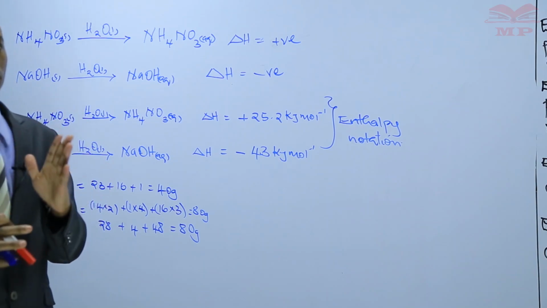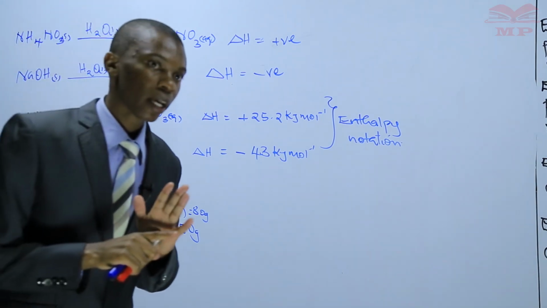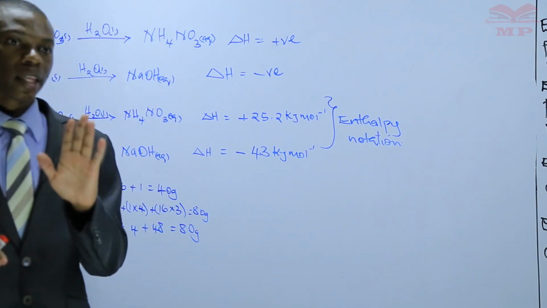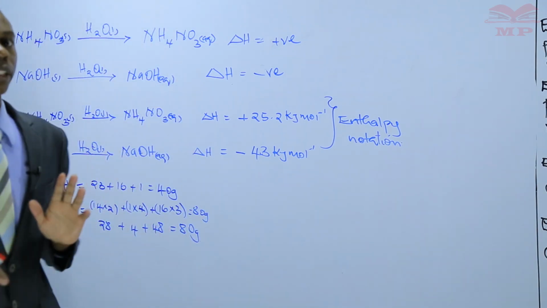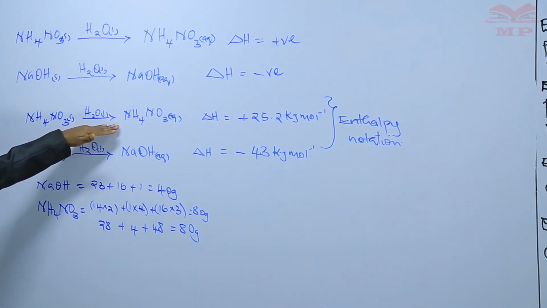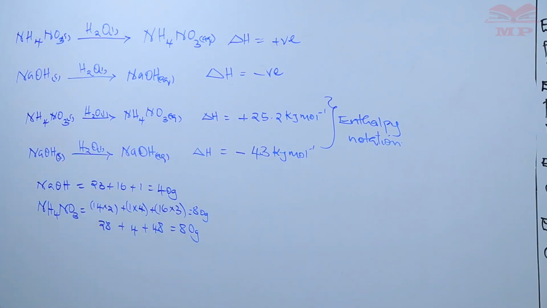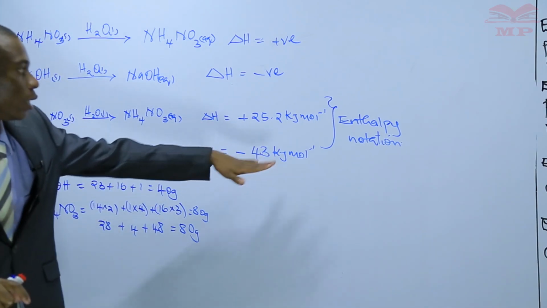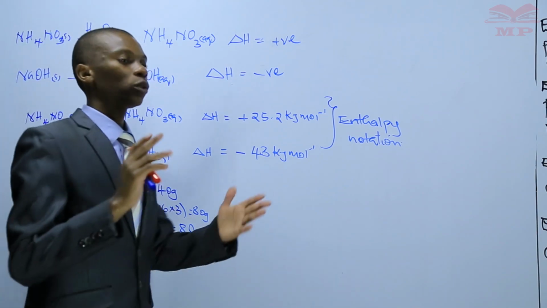In an enthalpy notation, there is a balanced chemical equation and the enthalpy change for that reaction. So we must write a balanced chemical equation and the enthalpy change, which we have included here in our case. Therefore, make sure that you've understood.